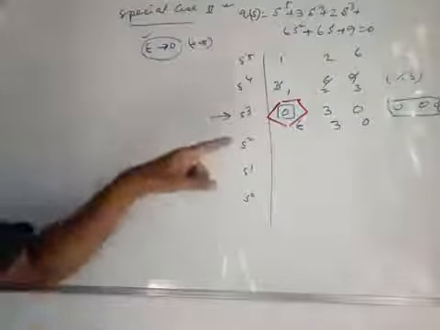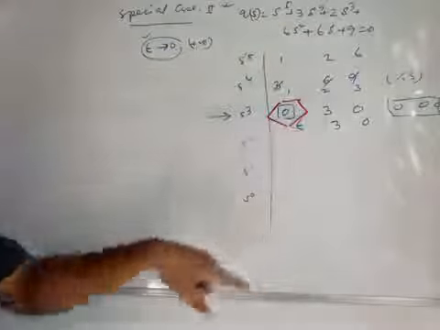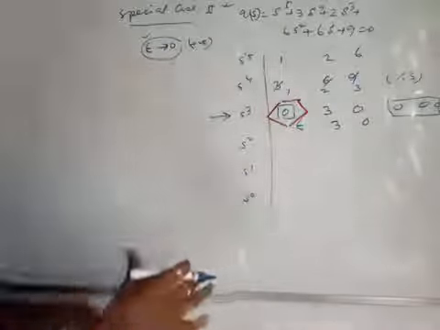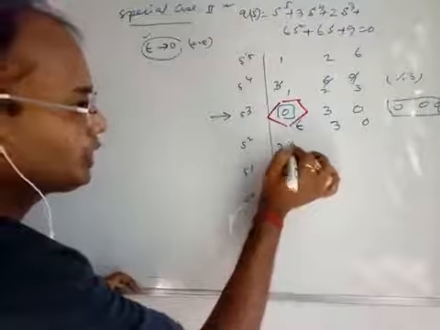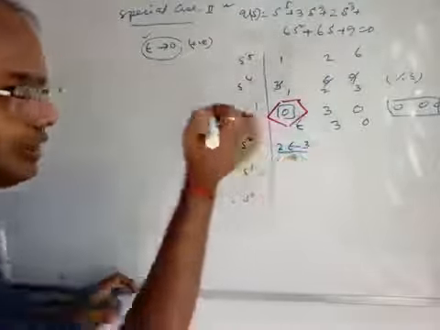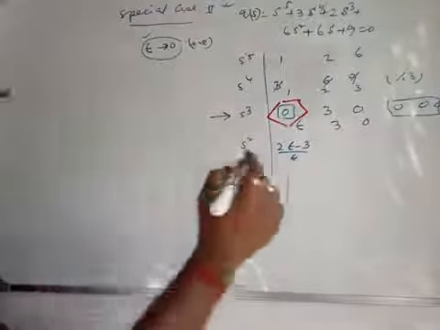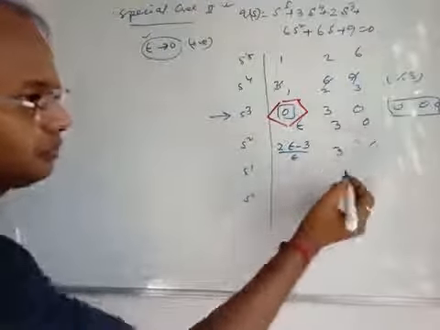Now, considering this to be epsilon, we have to form the rest of the array. That means you see this will be 2 epsilon minus 3 by epsilon, right? And the next part is 3, 0.